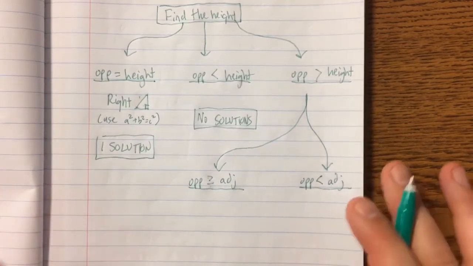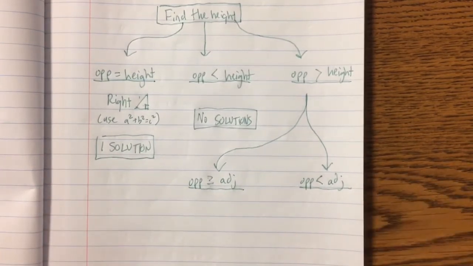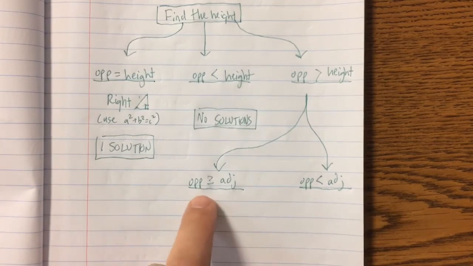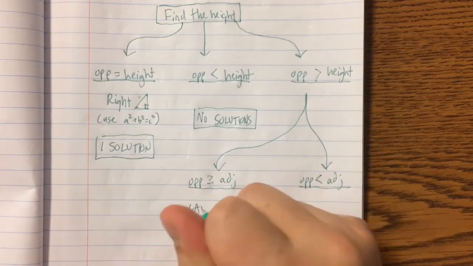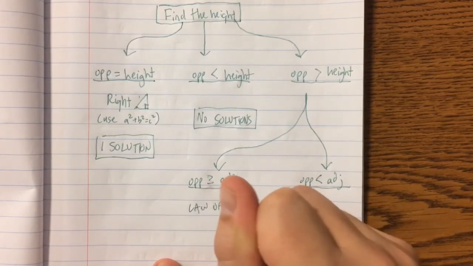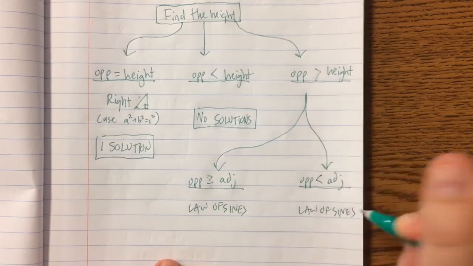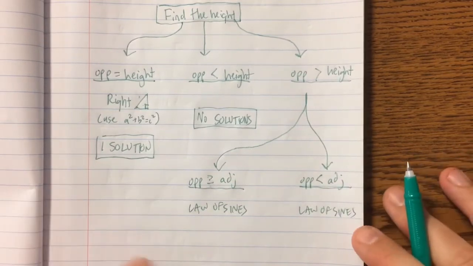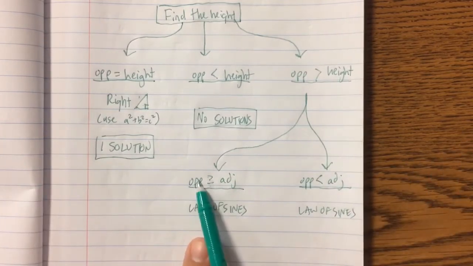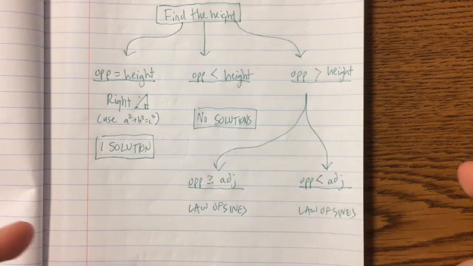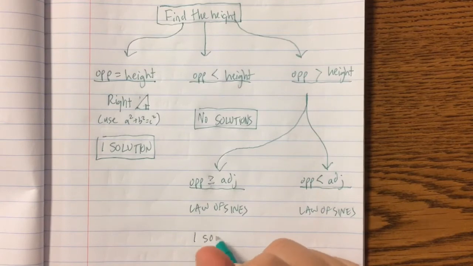And again, when I say opposite and adjacent, I'm referring to the given angle measure. So if it's greater than or equal to, you'll use law of sines. In fact, you'll use law of sines in both of these cases, but what you really need to know going into it is how many solutions to expect. If the opposite side is really long or equal to the adjacent side, then you're just going to have one solution.